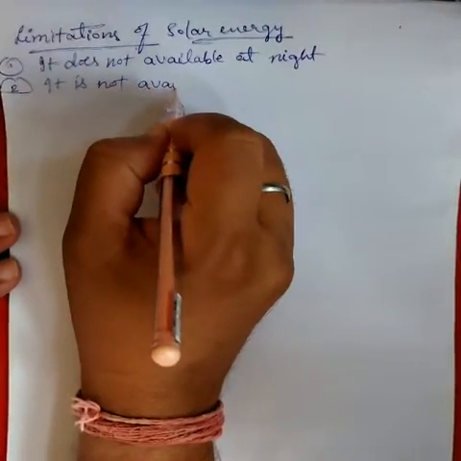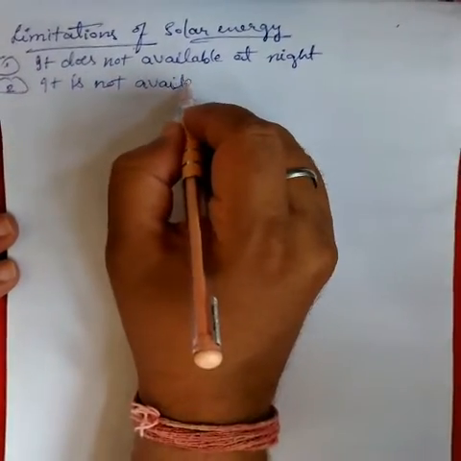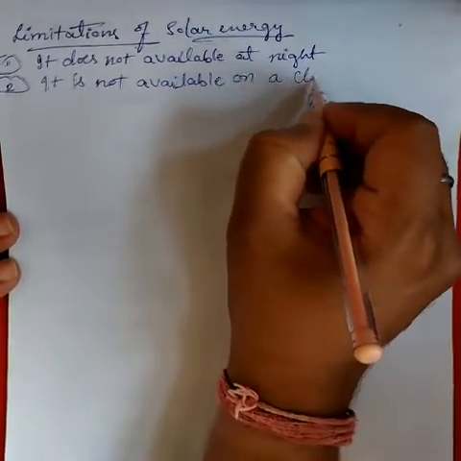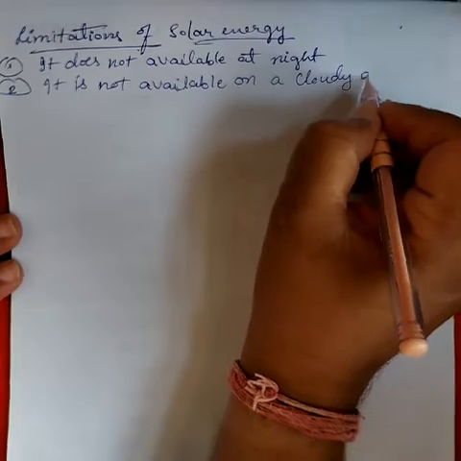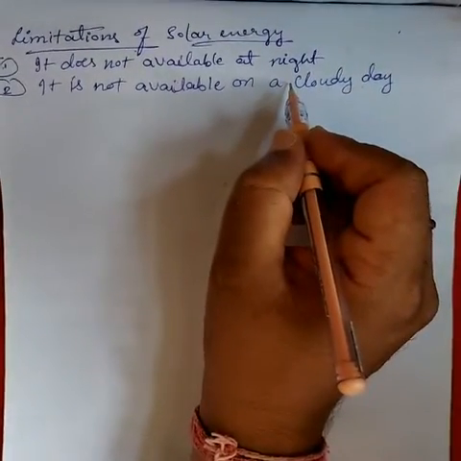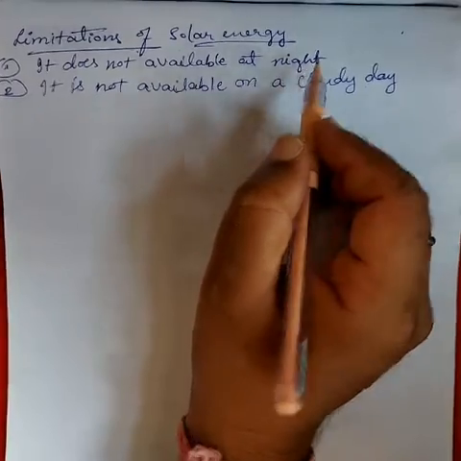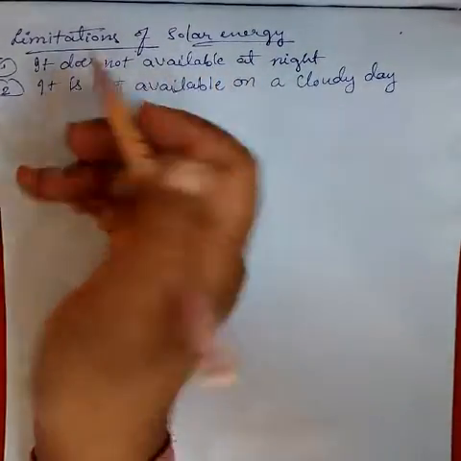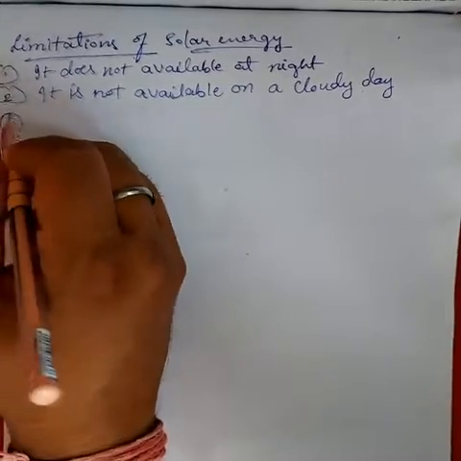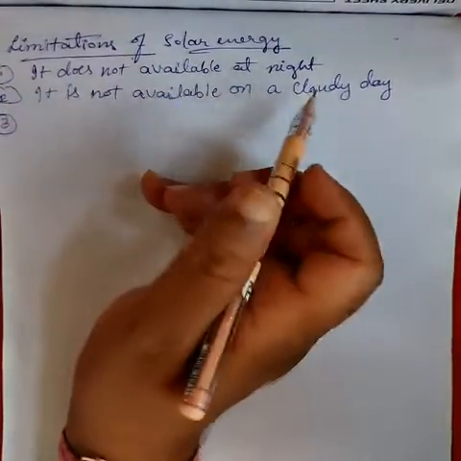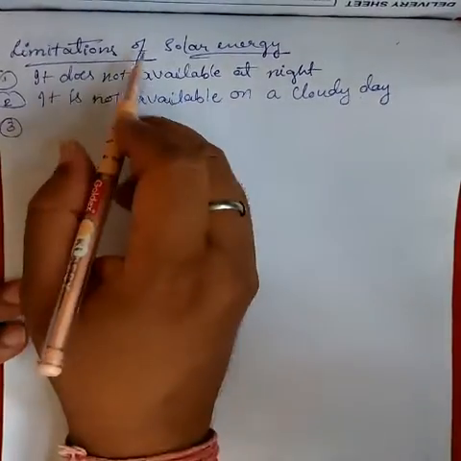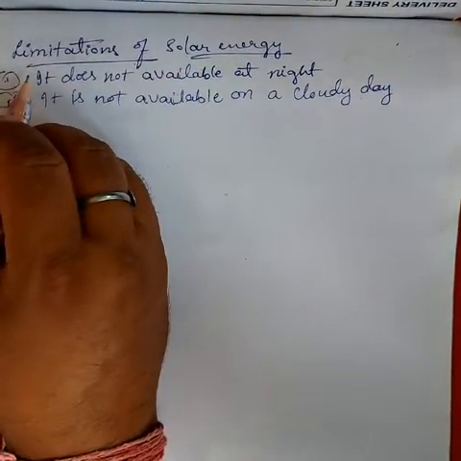And then it is not available on a cloudy day. At the time of clouds, the sun rays do not come properly, so the equipment that depends on solar energy does not work properly. That is another limitation.